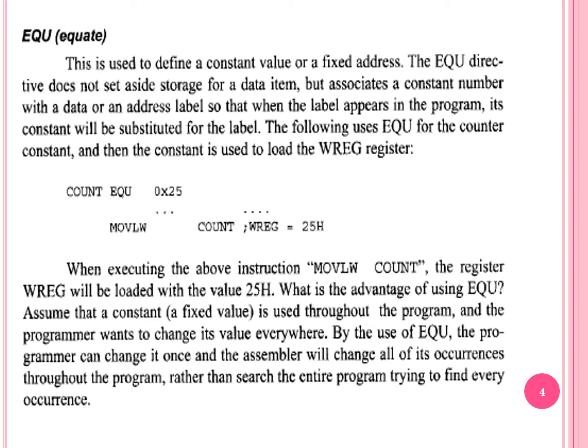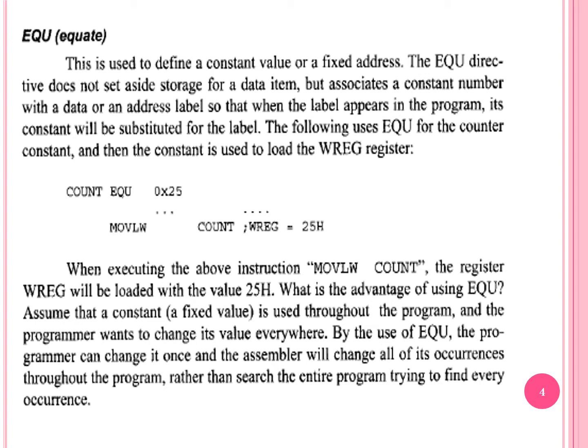So what is the main advantage? When we assume a constant or fixed value is used throughout the program and the programmer wants to change its value everywhere, by the use of EQU the programmer can change it once and the assembler will change all its occurrences throughout the program, rather than searching the entire program trying to find every occurrence.